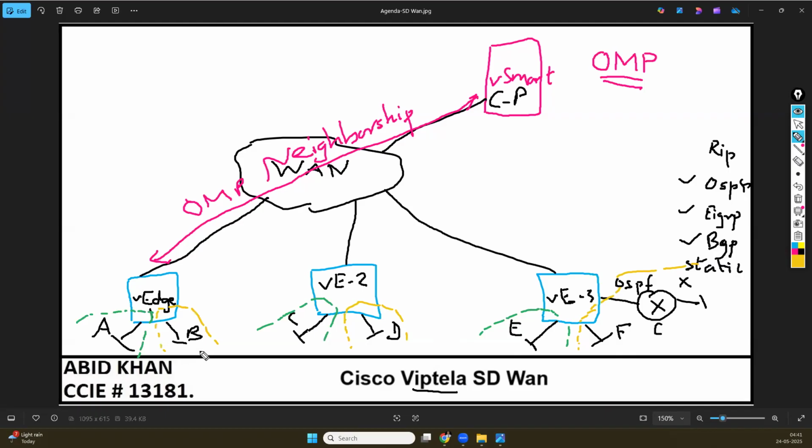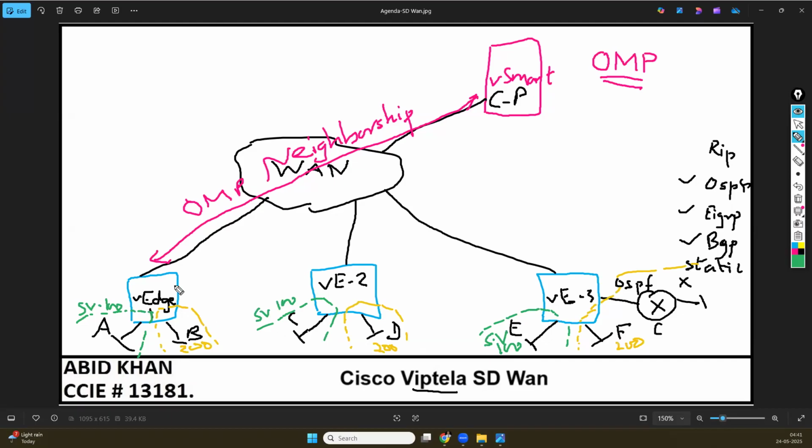VPNs are always denoted by a number. So let's assume that segment A is in service VPN 100 and this one is in 200. Over here also, let's say service VPN 100 is configured on this WAN edge.